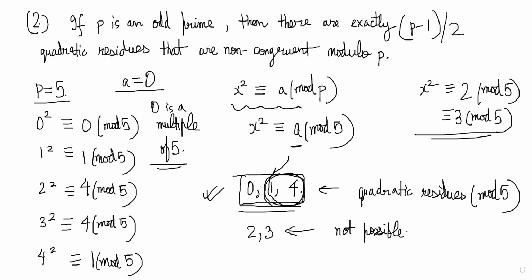It also fits the formula (P minus 1) by 2, because (5 minus 1) by 2 is 2. So that is what I wanted to explain. Now let's look at another example and try to establish some pattern. Let's take the example of P equal to 7, where (P minus 1) by 2 is equal to 3.